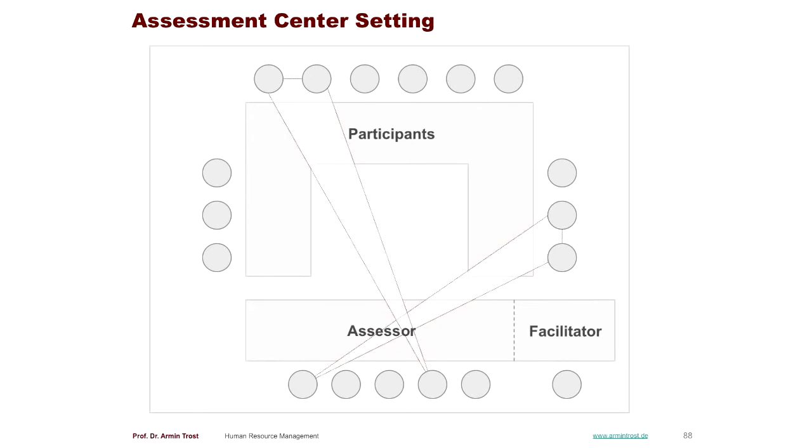They discuss something about a given topic. And then you see the assessors, and in an assessment center it's always very, very clear which assessor is observing whom in that particular situation. This is very clearly defined upfront, in advance to the assessment center.